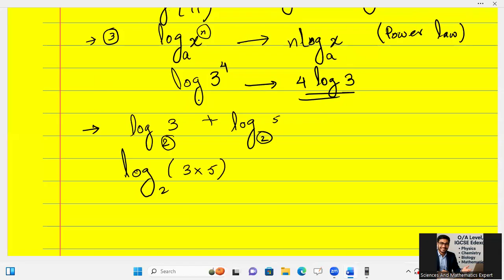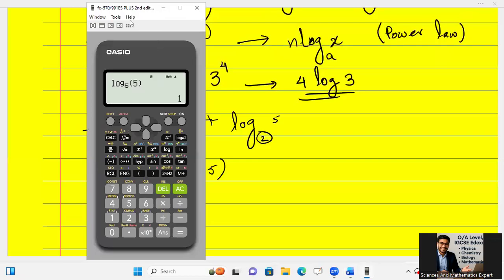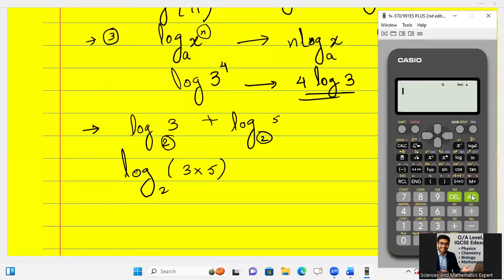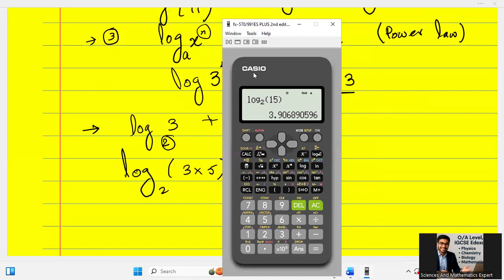If he is asking not only for the simplified expression but also the value to be calculated, then we can take log of 15 to the base 2, and the number is 15, which is approximately equal to 3.9.